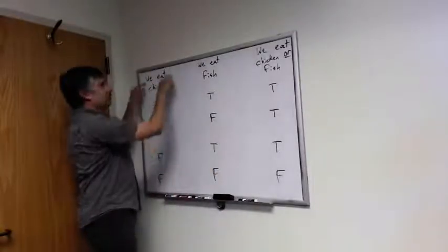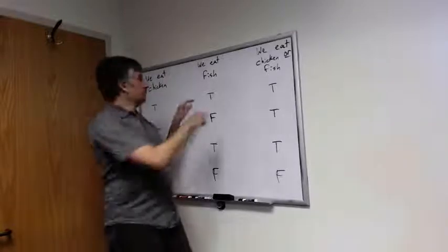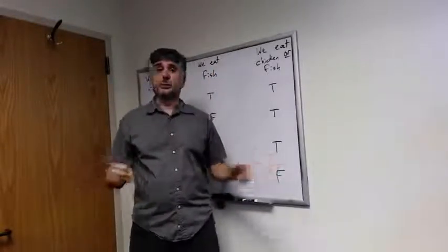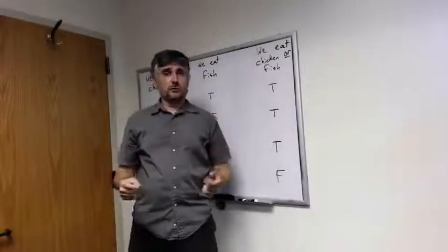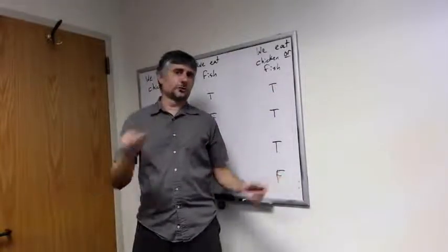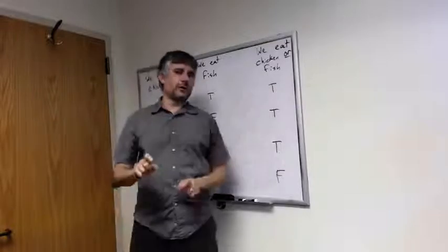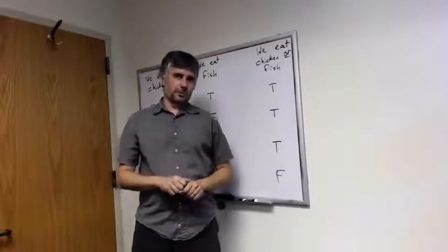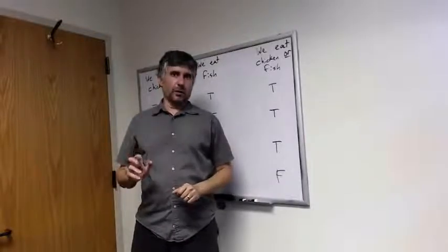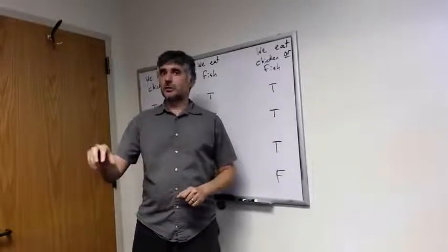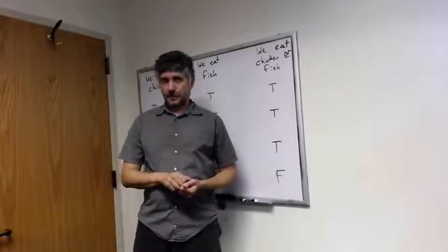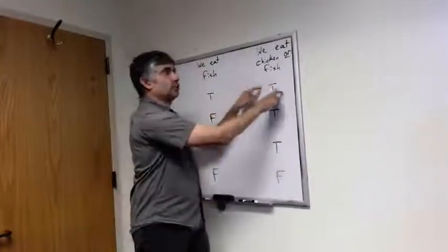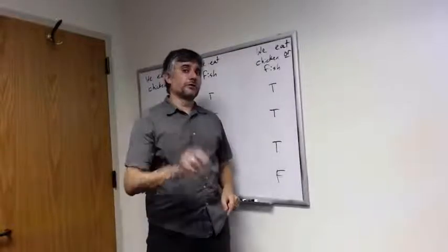If it's true that we eat chicken and it's true that we eat fish, then it's going to be true that we eat chicken or fish. Because remember, when we use or here, we don't mean either or but not both. We mean and or. Could be one, could be the other, or could be both. So if it's true that we eat chicken and it's true that we eat fish, it's going to be true that we eat chicken or fish.